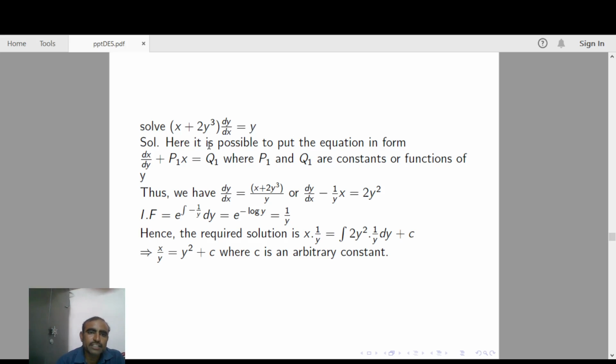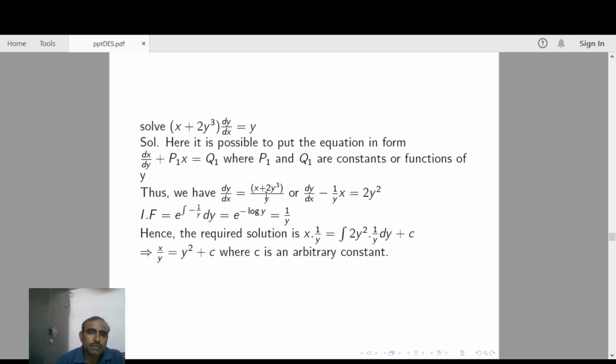So I write this as dx by dy plus p1 x is equal to q1, where p1 and q1 are functions of y. Thus we have dx by dy is equal to x plus 2y cube by y. What do we get? dx by dy minus 1 by y x is equal to 2y square. Here 2y cube by y is 2y square.